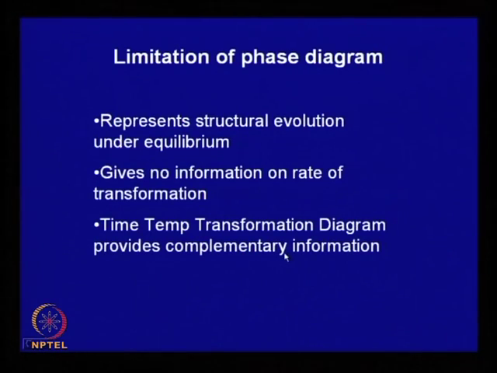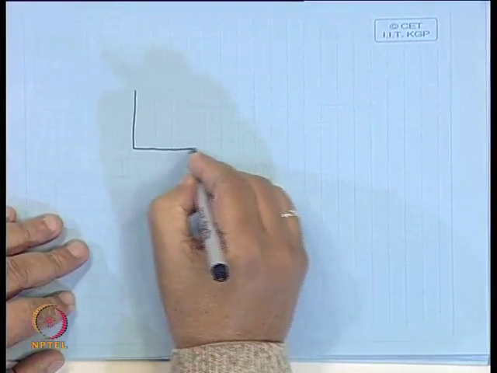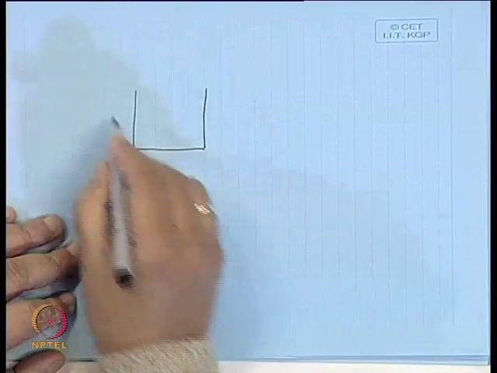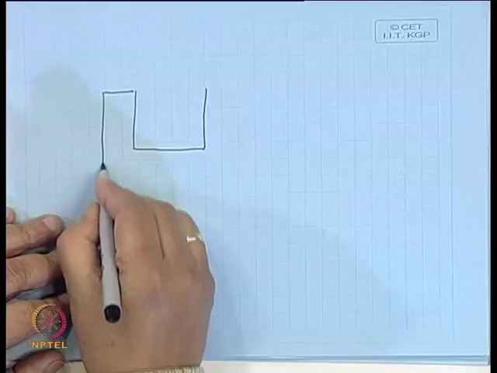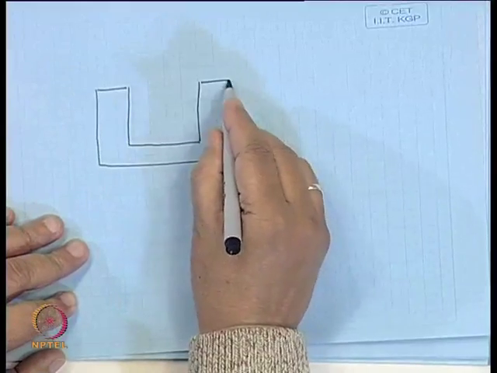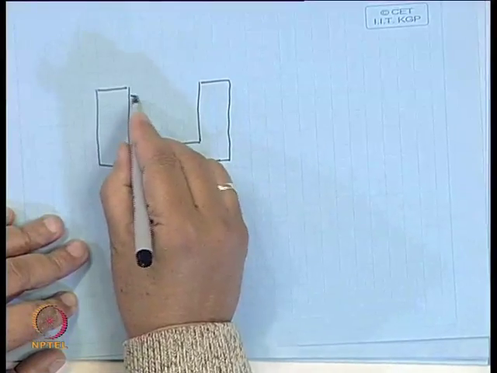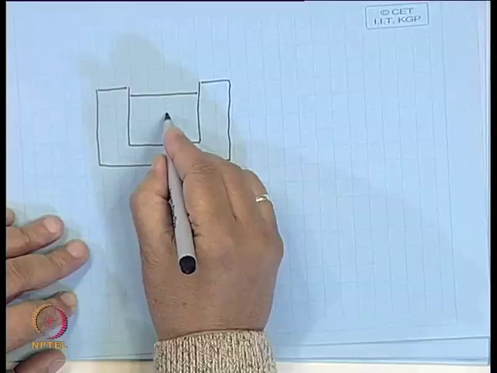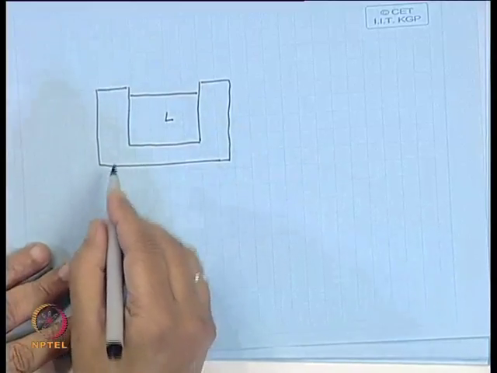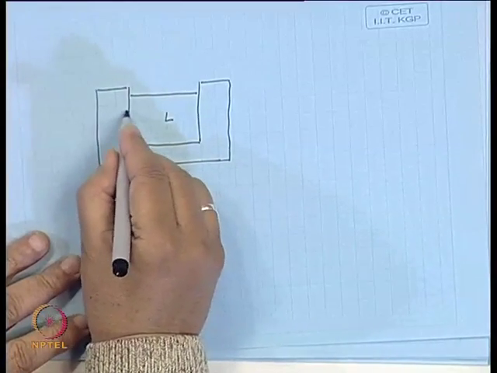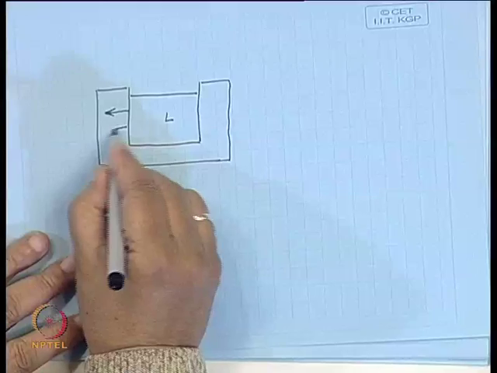But when you actually make an alloy, there are certain constraints. Suppose when you make an alloy, you will melt and pour it in a mold. This is the liquid, and now heat will flow through the mold.